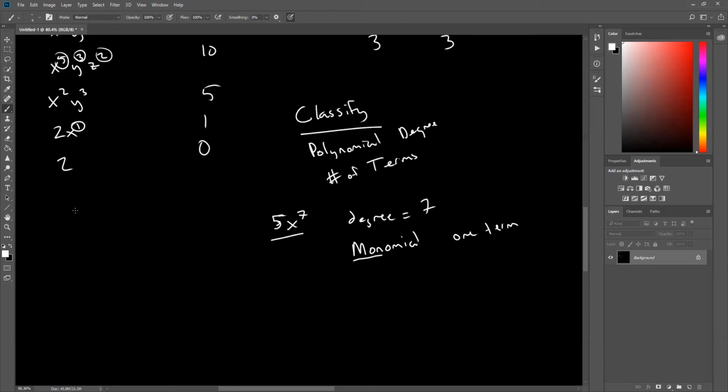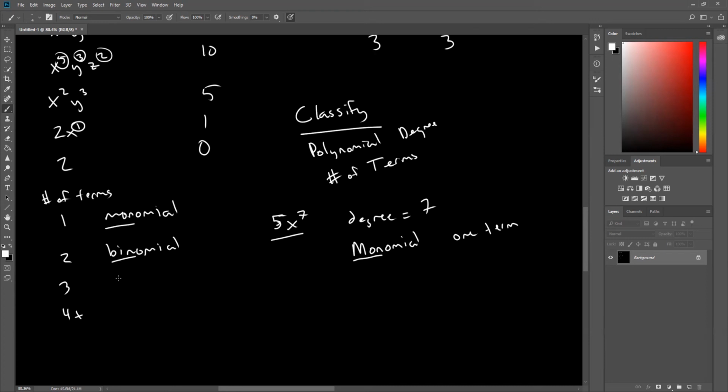With the number of terms, 1, 2, 3, 4 plus: one is going to be monomial. Two is going to be binomial. Take a guess. What would 3 be? We have mon, bi.